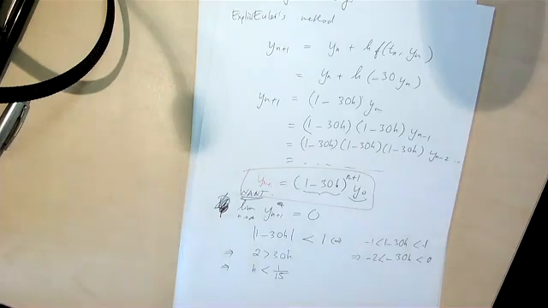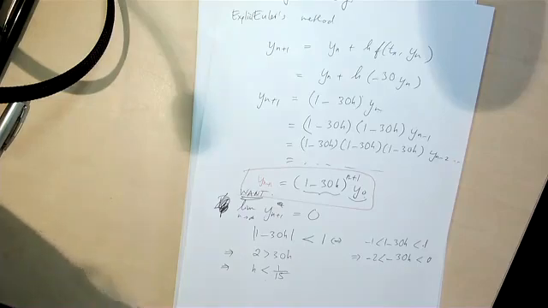Now, suppose I label this z, where z is h lambda. Because lambda could be a complex number, h lambda is a complex number, so I put a z here. If that number gives me a magnitude less than 1, then I say that z lies inside the stability region of the method.